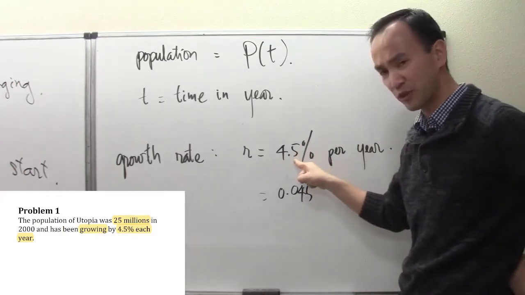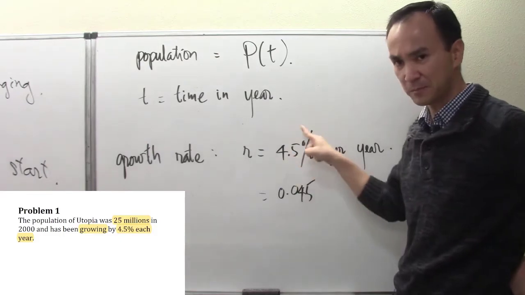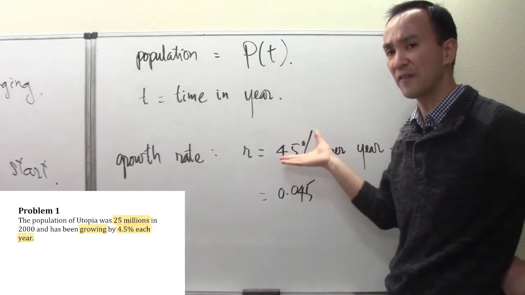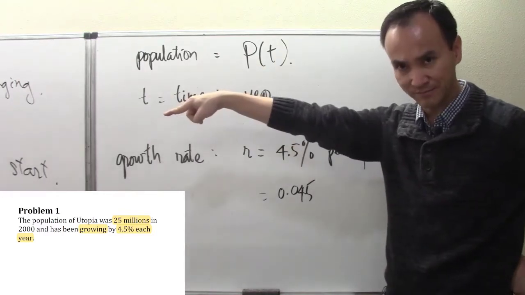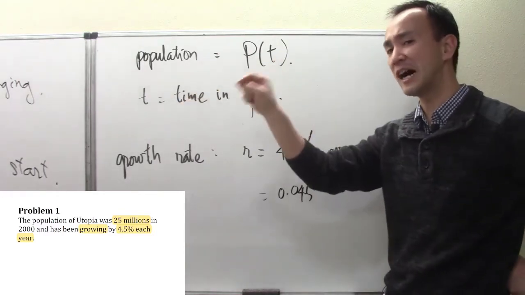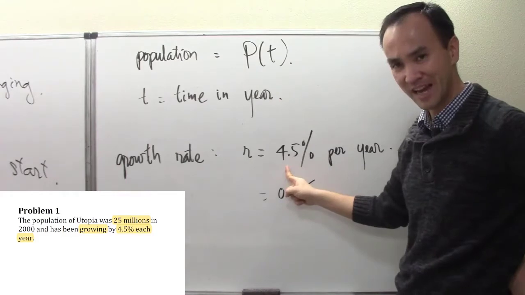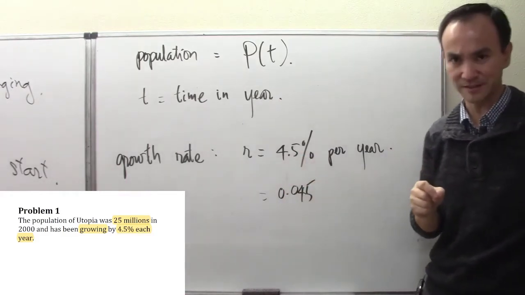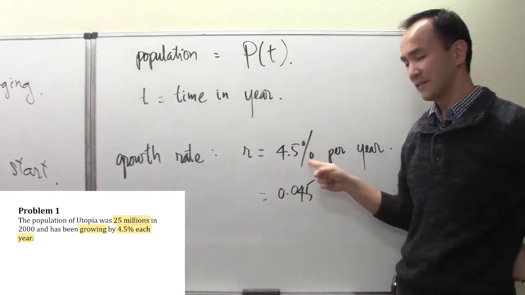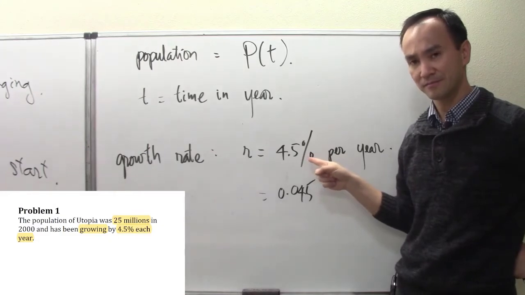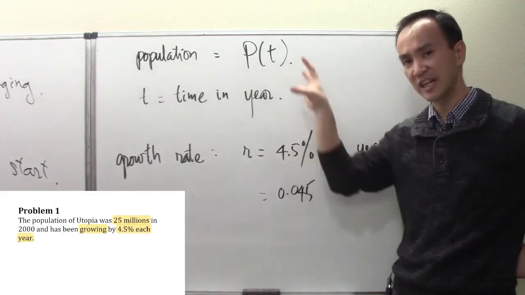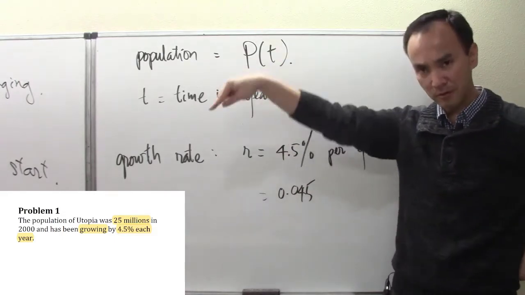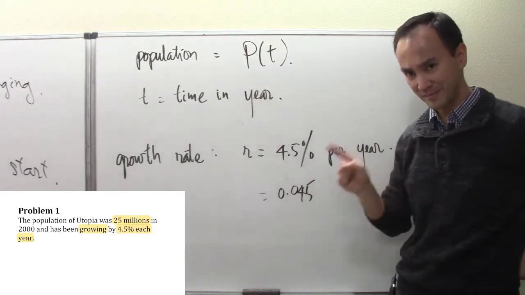But now I'm trying to explain 4.5% of what? 4.5% of the population in the previous year, of the previous time period. That's what it is. 4.5% per year, but that means it's 4.5% of the population from the previous year. That's what it means right there.